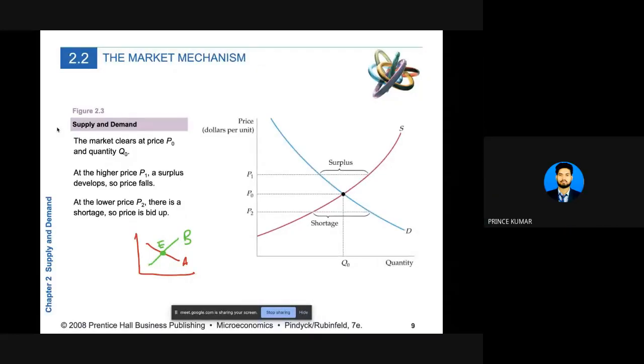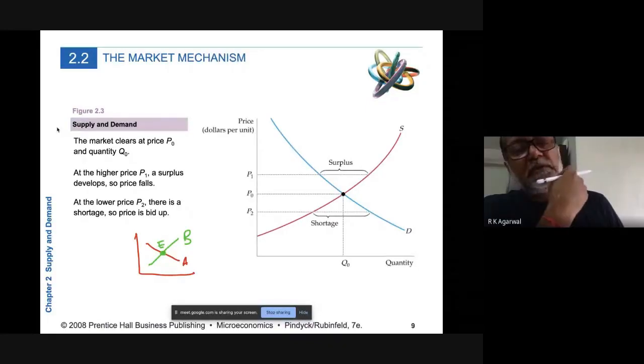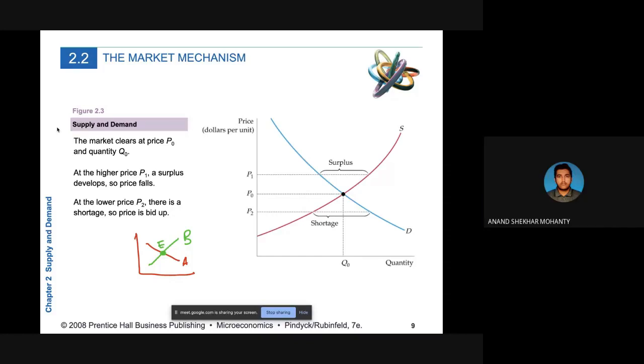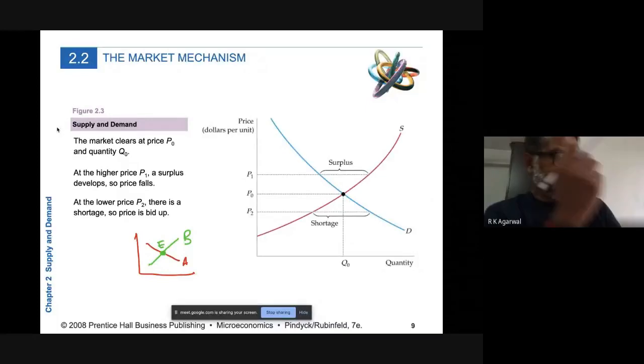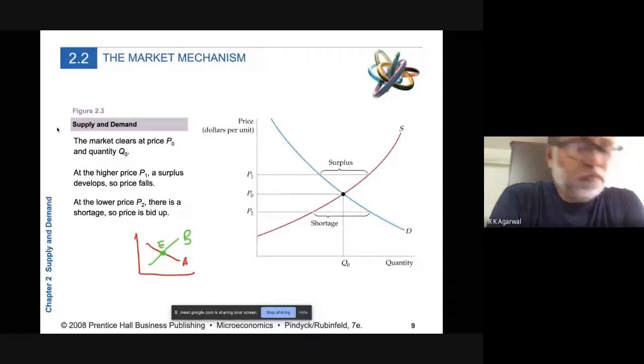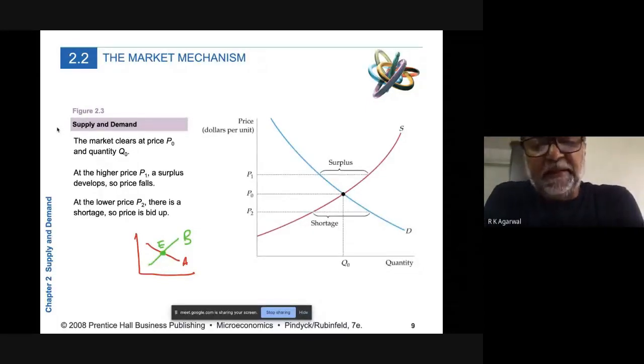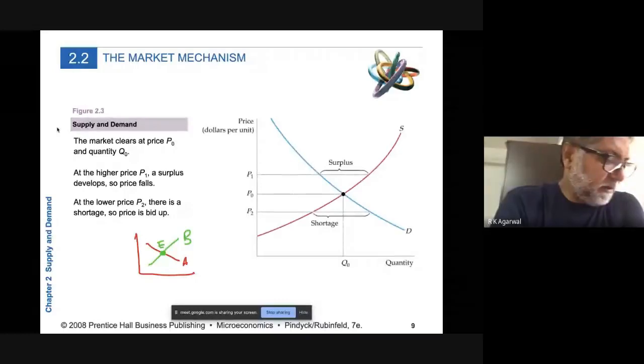Optimum demand, optimum supply. No, it doesn't mean optimum. So supply is equal to demand. Yes, both are equal, exactly. That is what it means. So when two curves intersect, what it means is that the values of the two are equal. So the value of A is equal to the value of B at the point of intersection.